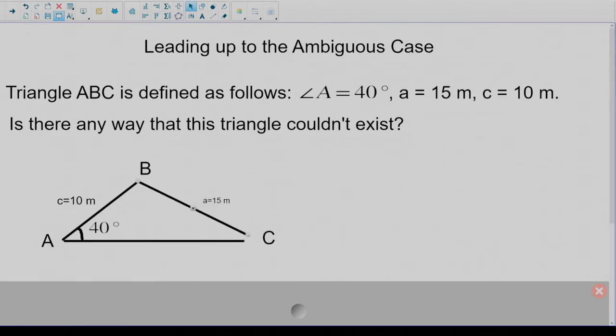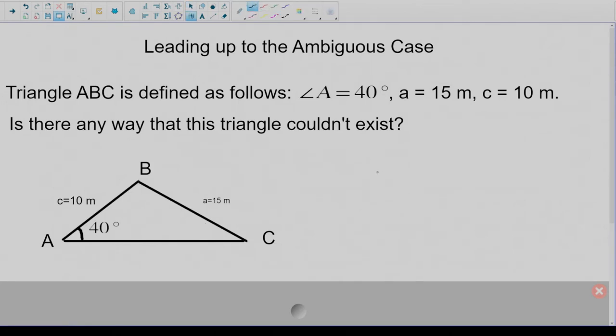So is there a way that it wouldn't reach AC? I'm free to make this angle whatever I want. Will a side length of 15 eventually reach side length AC? And it has to. Because it's longer than 10, there's no way that I could not complete that triangle and not have this length reach AC.